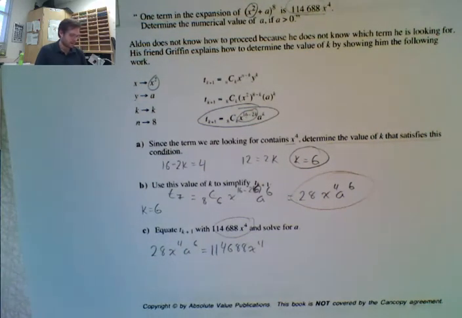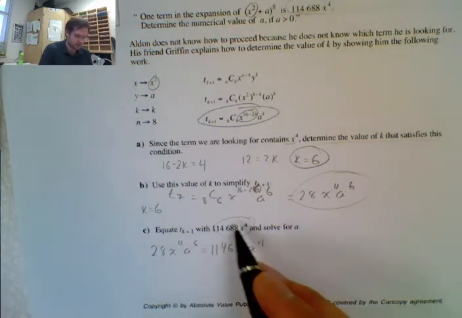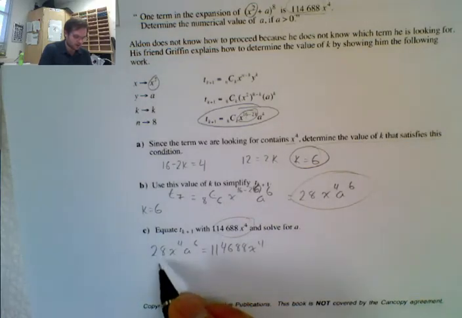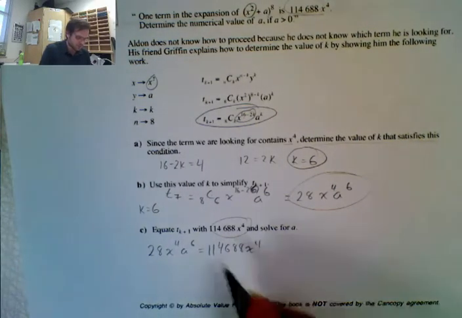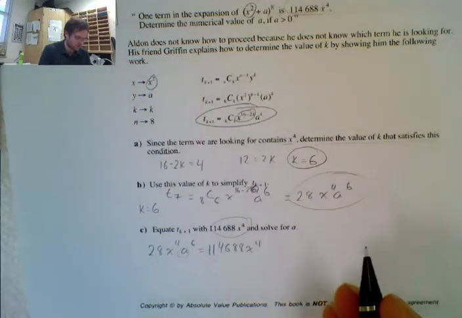Okay? So if we know this term is equal to that, we can now start solving for a to find out exactly what it is, because it'll have a numerical value.